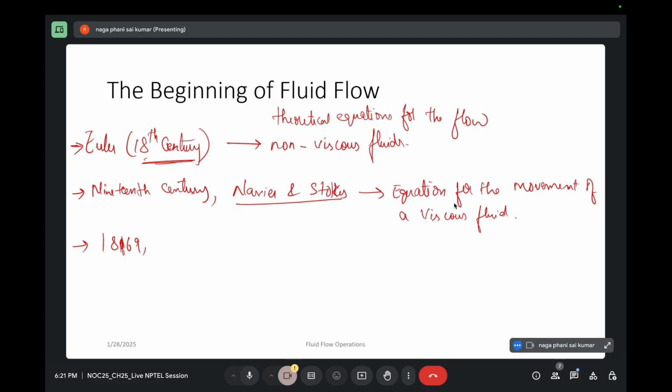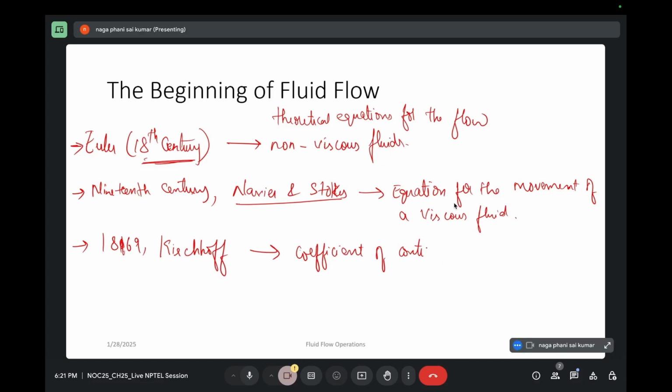But then Kirchhoff connected hydraulics to hydrodynamics, and he also computed the coefficient of contraction for a jet flow.